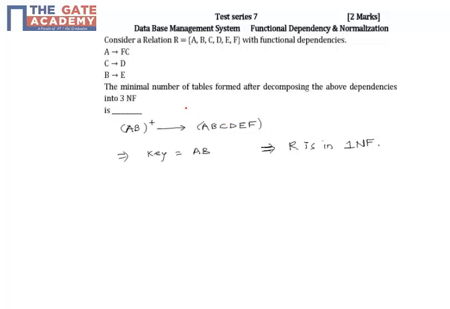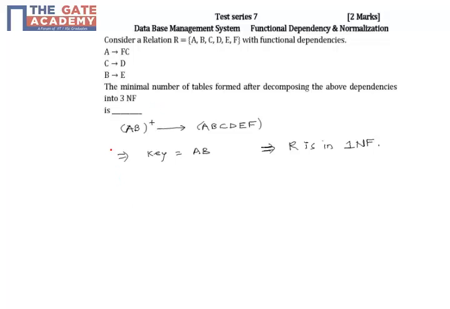For this, we need to calculate the minimal cover or canonical cover of this given set of functional dependencies. Minimal cover is nothing but the subset of original functional dependencies which is equivalent to the original set of functional dependencies without any redundant attributes or functional dependencies.